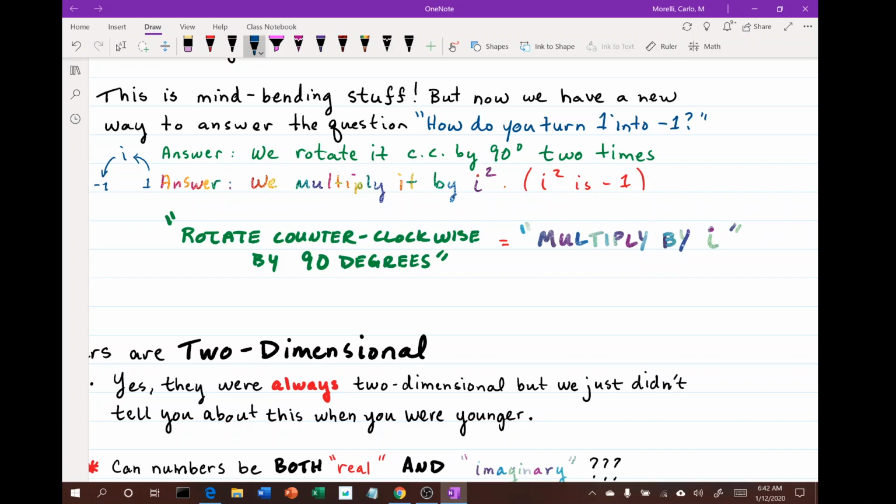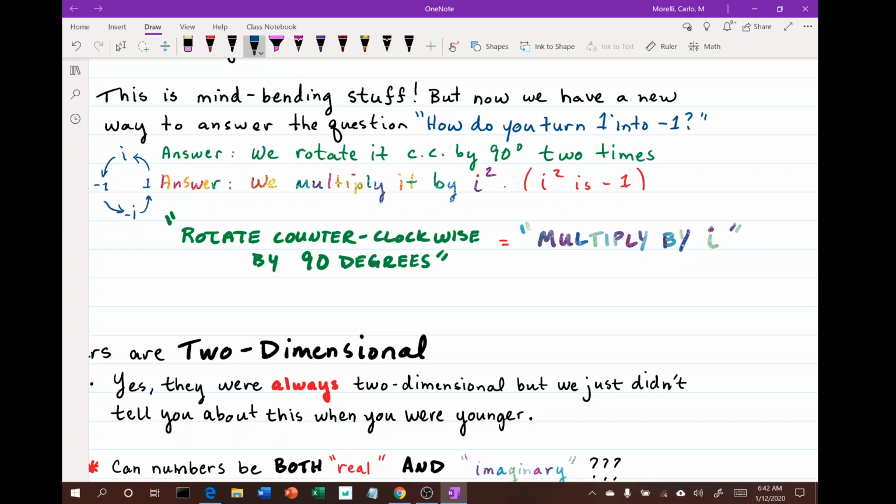All right, here's the life cycle. Just like that. Around and around and around she goes. Now here's the other answer. We multiply it by i squared, because i squared is -1.